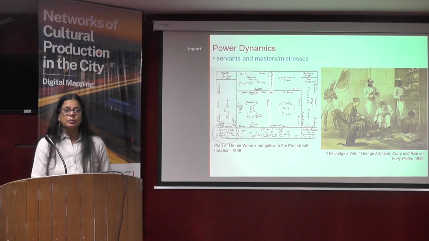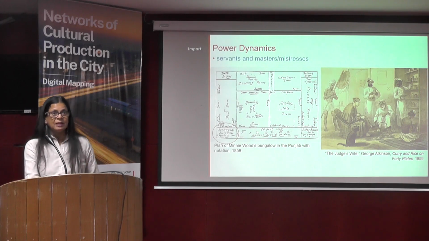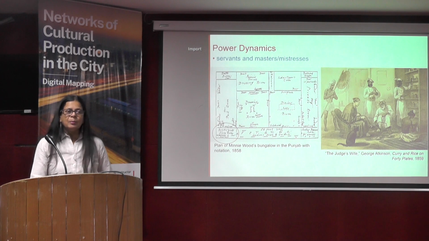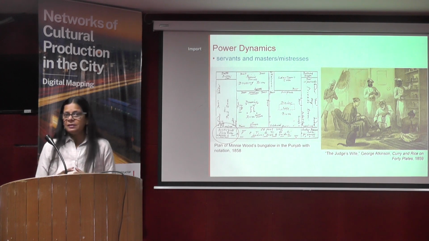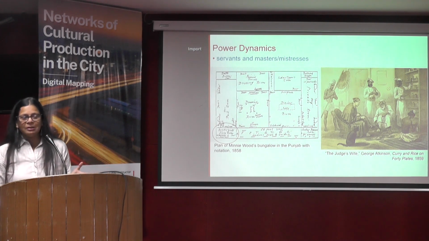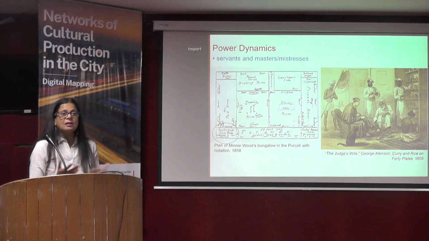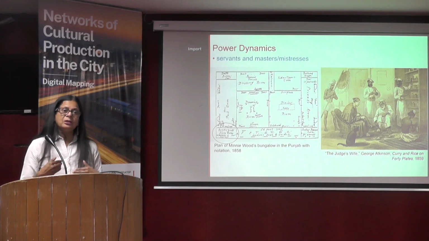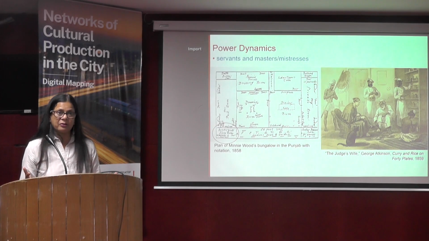Unlike the warehouses and opium godowns, which can be massive, they are actually small. But they're marginal in the sense that there is certainly no history of them. Nobody has written about them. They're considered unimportant. What I found in my own research is that they were terribly important. These were the elements that held up the colonial infrastructure at all levels.